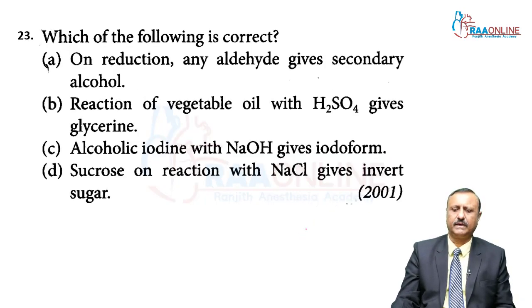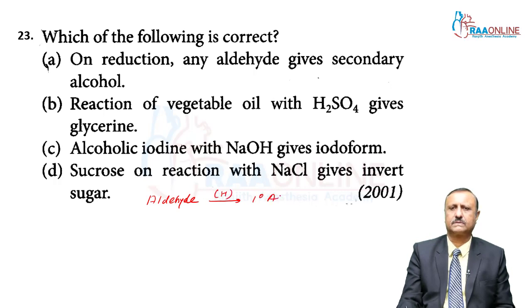My dear students, in question number 23, which of the following is correct? On reduction any aldehyde gives secondary alcohol, reduction of vegetable oil. My dear students, after reduction of an aldehyde, we get primary alcohols.